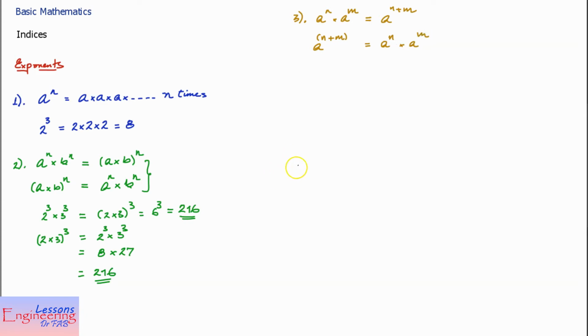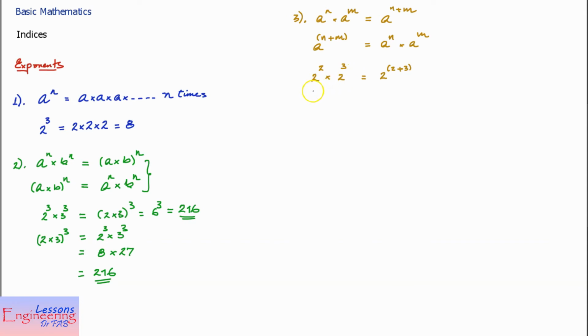Now let's have another example: 2 raised to 2 times 2 raised to 3. In this case we have the same base but different exponents. This is equivalent to 2 raised to 2 plus 3.